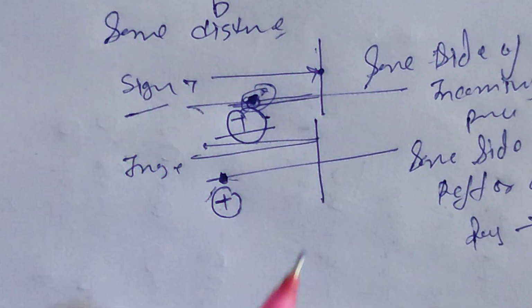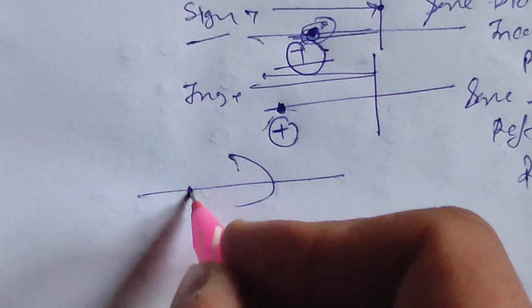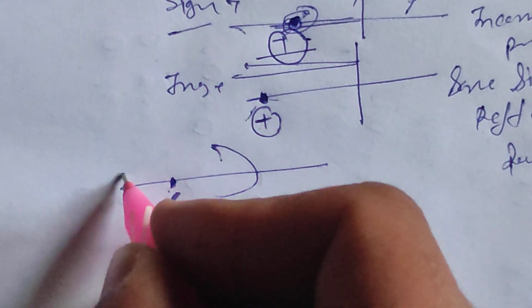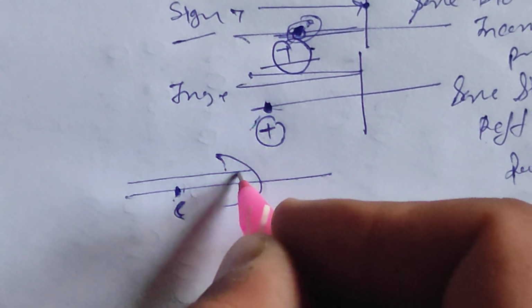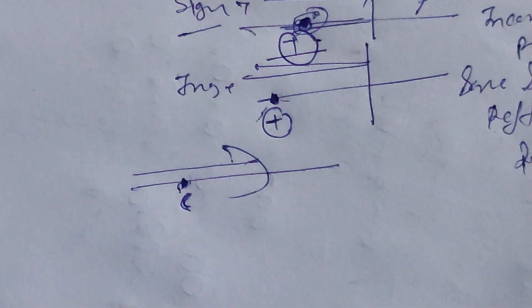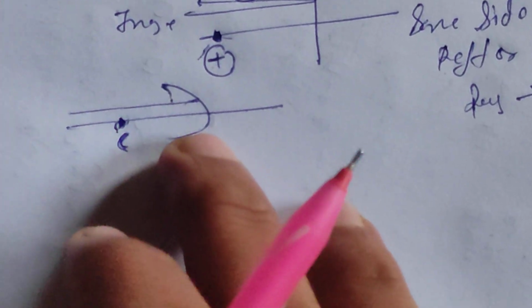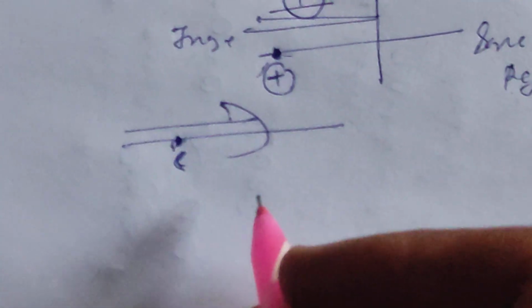For a spherical surface, we talk about the center of curvature of concave and convex mirrors.